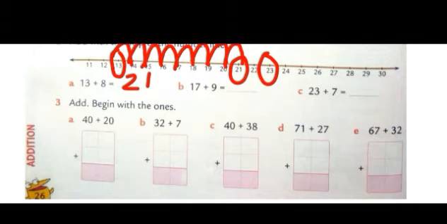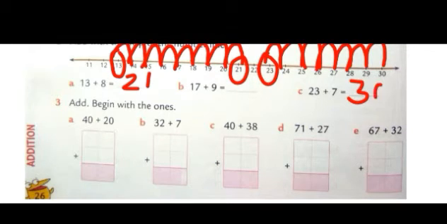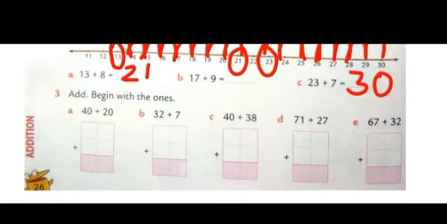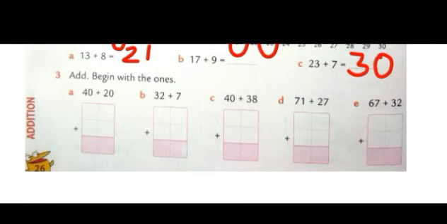So, let's count now. 1, 2, 3, 4, 5, 6, 7. So, what did we get? We got 30. Yes, 30 is the answer. Now, moving on to the next question.